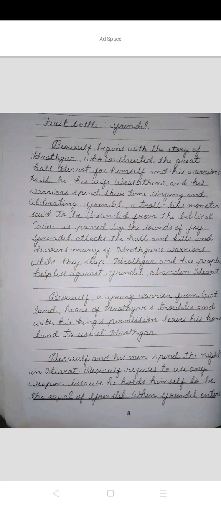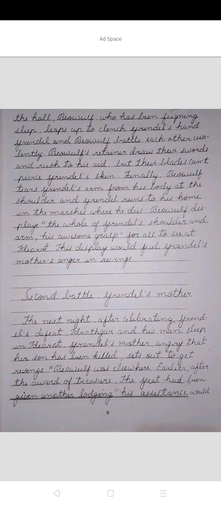His assistants would be absent in this battle. Grendel's mother violently kills Aeschere, who is Hrothgar's most loyal fighter, and escapes. Hrothgar, Beowulf, and their men track Grendel's mother to her lair under a lake.